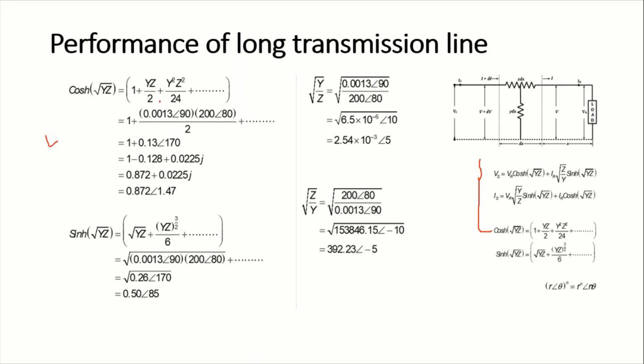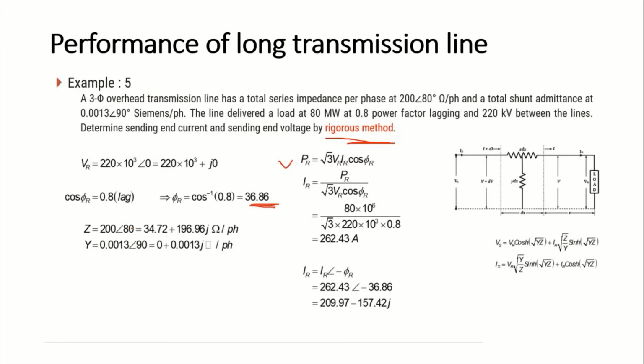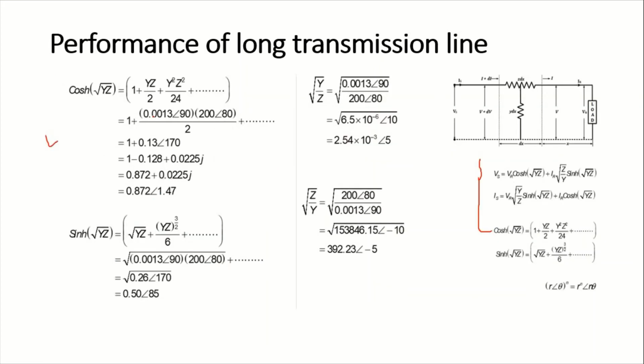So write down the value of y and z in a polar form. Clear? Multiplying these 2 terms is easily done in polar form. Multiplication and division are easily done in polar form, and summation and subtraction can be easily done in rectangular form. Okay, so here multiplication is required, so we write the value in polar form and we get 0.13 angle 140.